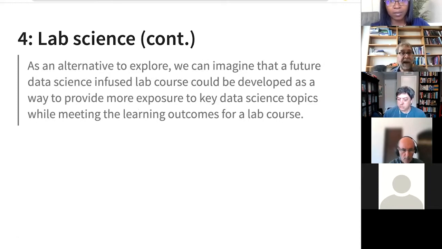And we could also imagine that a future data science infused lab course could be a really great way to build this in context in a domain area. Again, this is an area where there are opportunities, within the constraints of the limited number of credits in an associate's program, to build deeper skills that include what would be traditionally lab sciences.